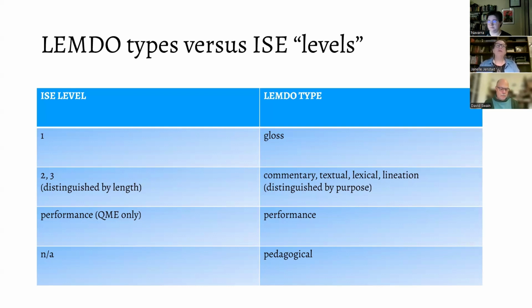The level 3 commentary note was much longer, and editors were told to think about that as something that might be printed on a full page in the printed edition. For LEMDO, we distinguish notes not by length, but by their purpose and the type of thing that they're annotating. So the ISE level 2 and 3 notes in the LEMDO environment become commentary notes, textual notes, lexical notes, and lineation notes.